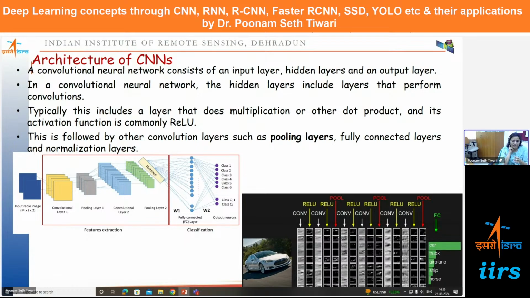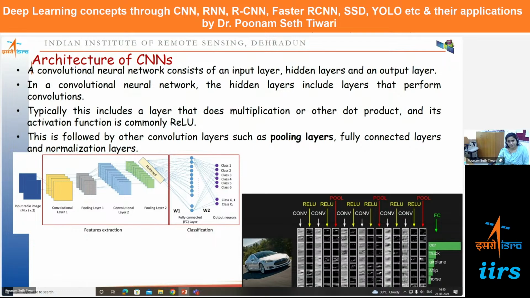At the end, we are always flattening our data into a one-dimensional space where the last layers will be a fully connected neural network. So the classification is done using a fully connected neural network. The feature extraction can be done using convolution and pooling layers.